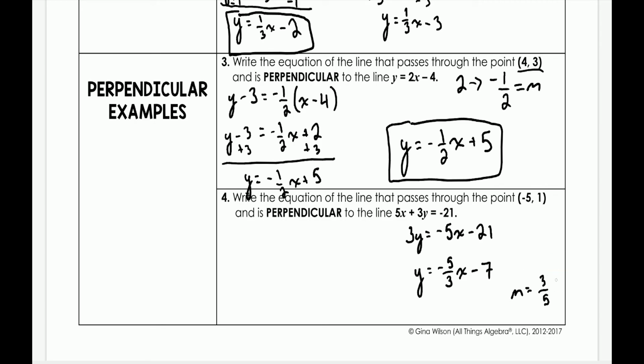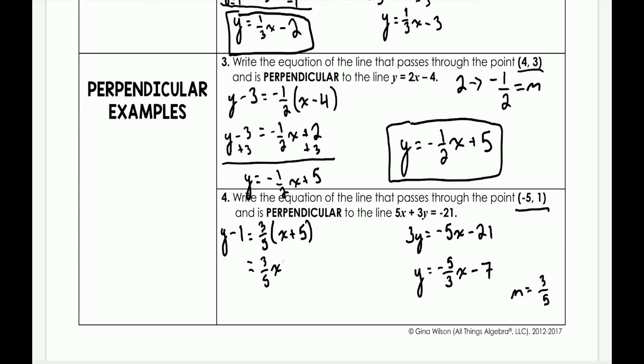Now, we're given the slope and we're given the point. We're going to use point-slope form to determine what the equation would be for our perpendicular line. So in this one, we have y minus 1 is equal to the slope, 3 over 5, multiplied by x minus negative 5, or that changes to plus 5. We're going to be distributing the 3/5. So that's 3 over 5 x.